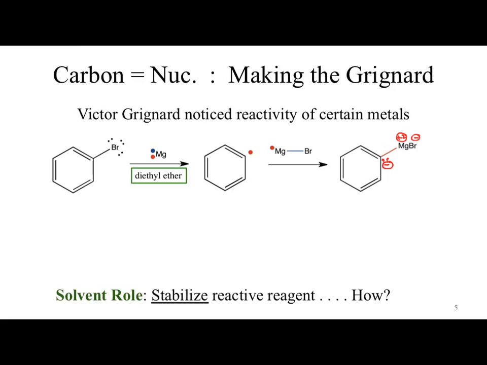A polar solvent or a non-polar solvent? Has to be polar. Okay? The polar would generate partial charges. Those partial charges could match up with the partial charges or the formal charges of our reagent and stabilize them temporarily.